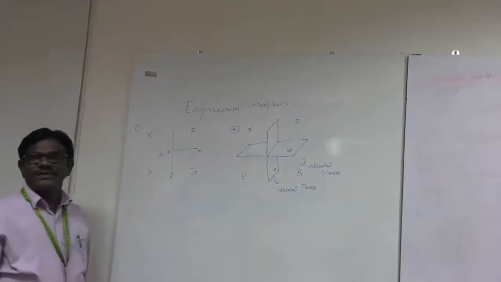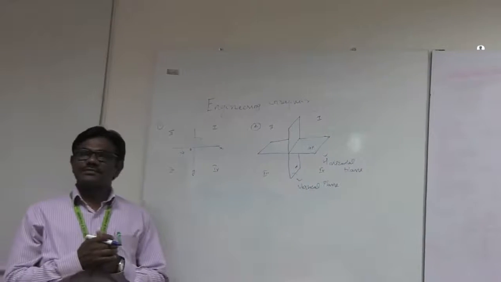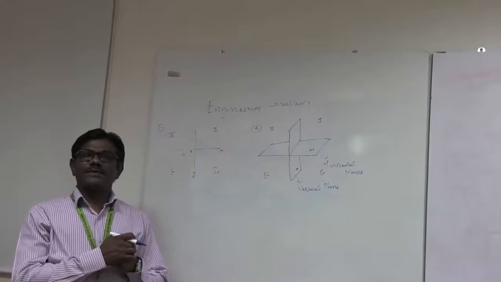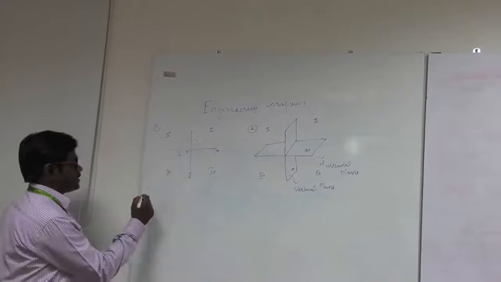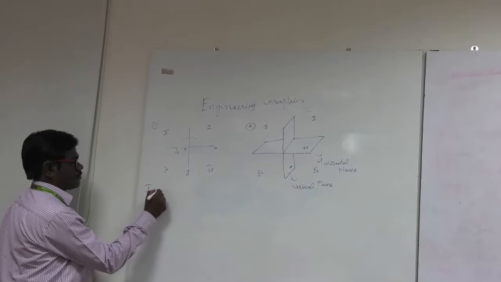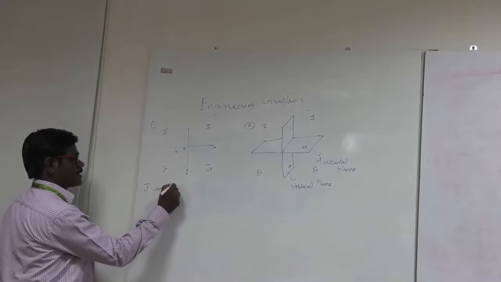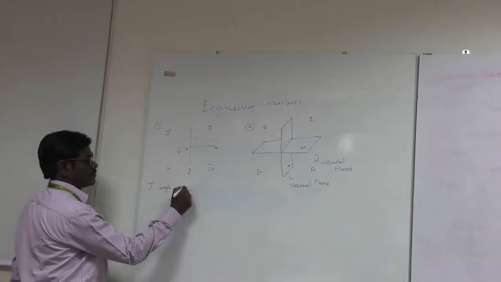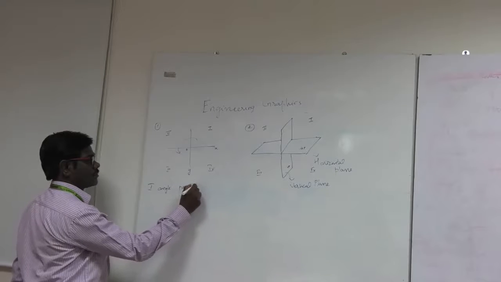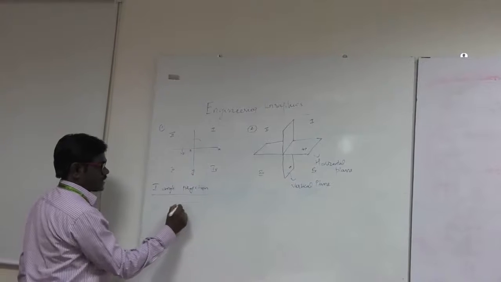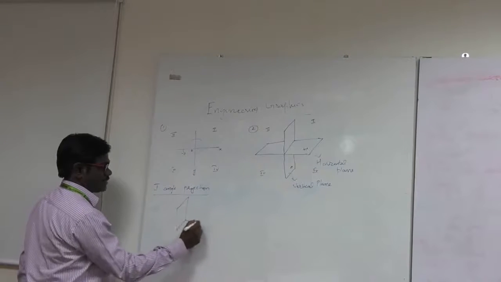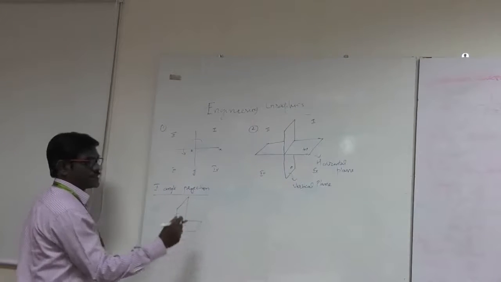Now, since we are dealing with the first angle projection, I'm going to take the planes separately for first angle. I take these two planes separately and I draw it like this.